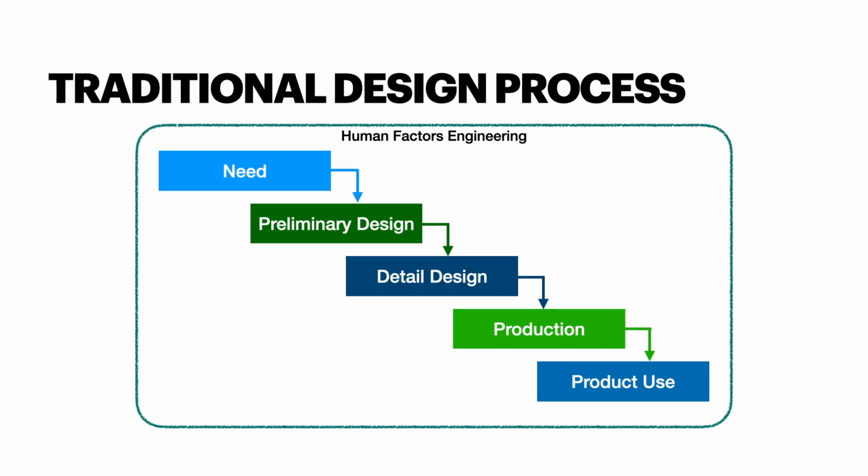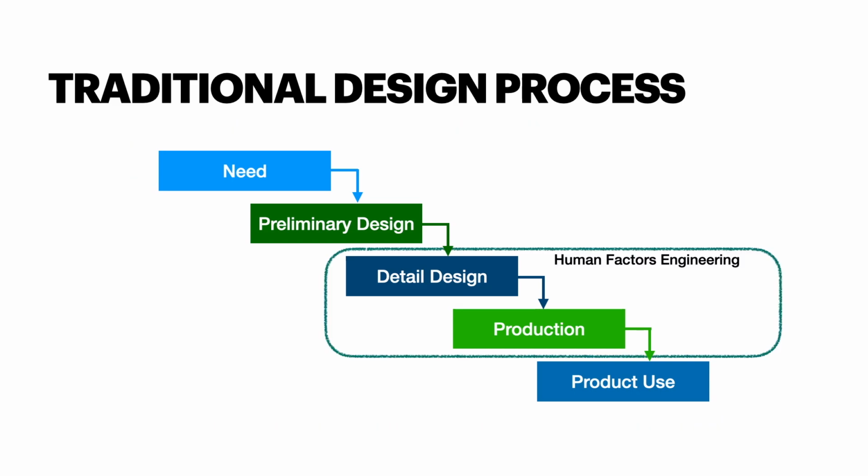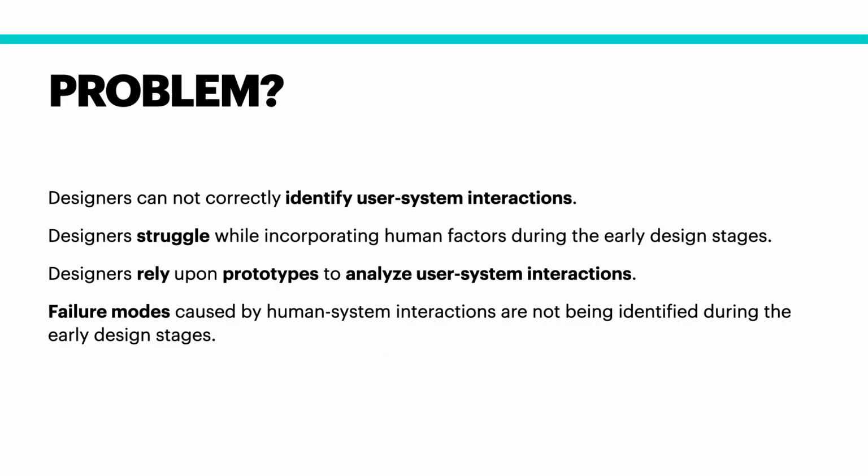So ideally, human factors engineers will be involved during the entire design process. However, as you saw in the previous example, human factors is being applied after one design is selected. So we are using it just in the detail design and right after, in the production sections. And this is a problem because, first, it's really expensive to build these prototypes, and that requires a lot of time and money that we want to save for the company.